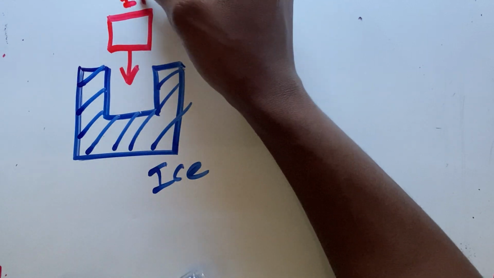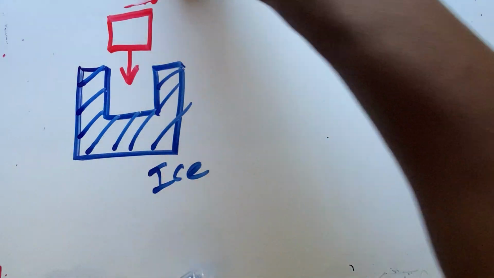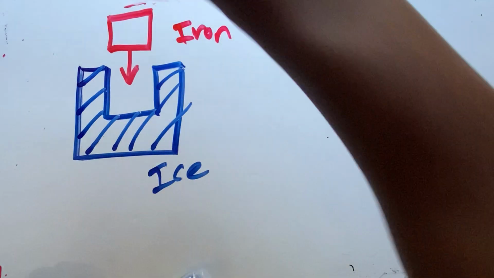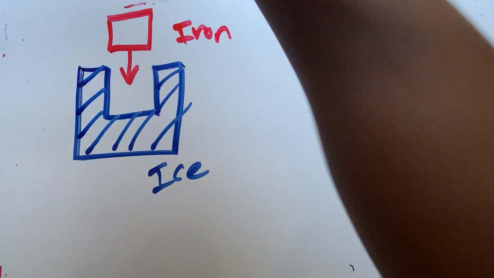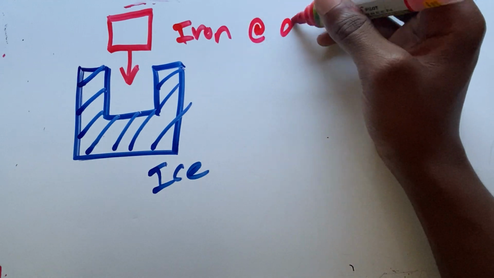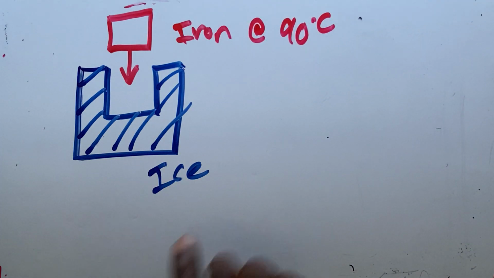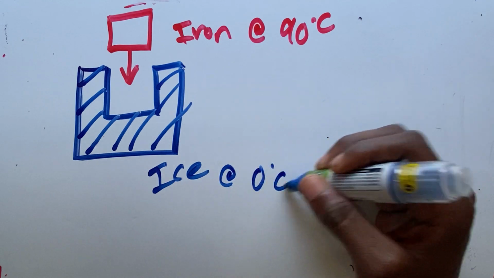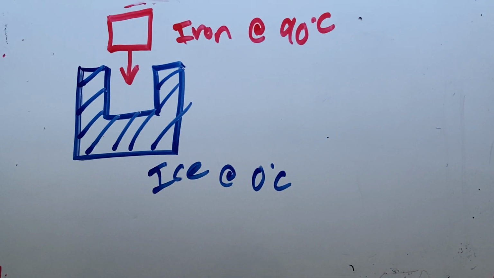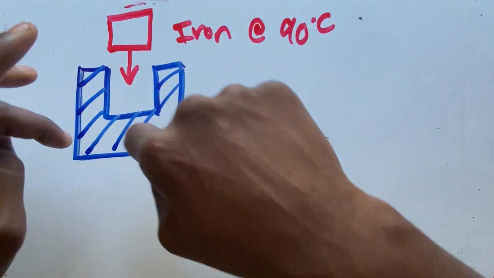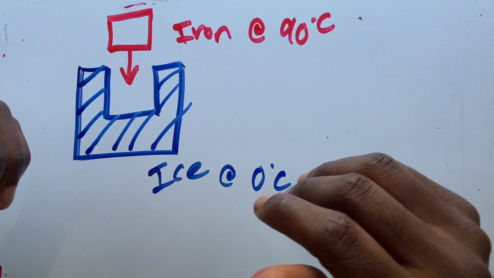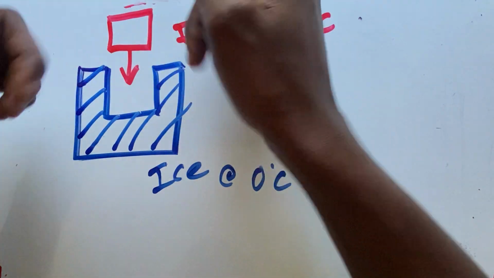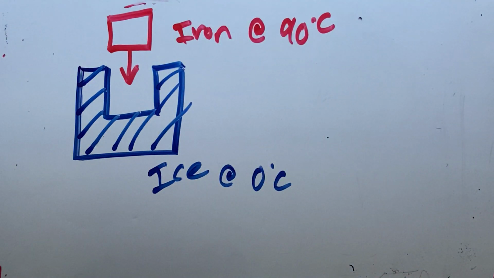This is iron. So this is iron at 90 degrees Celsius, and this is ice at 0 degrees Celsius. Boom. So we know basically once you put this iron into the ice, the ice is going to begin to melt, right? Because the heat from the iron is going to be transferred over to the ice.